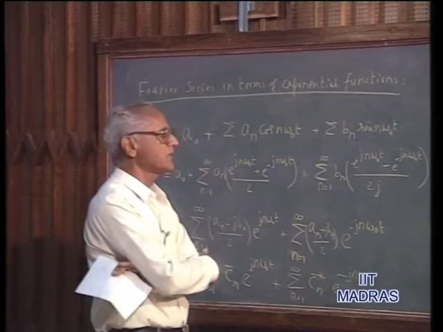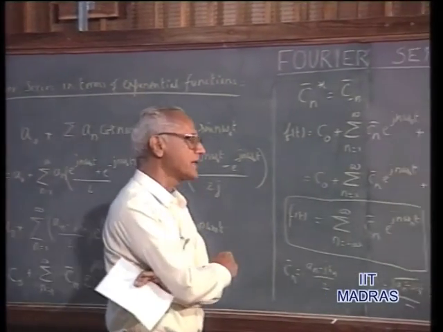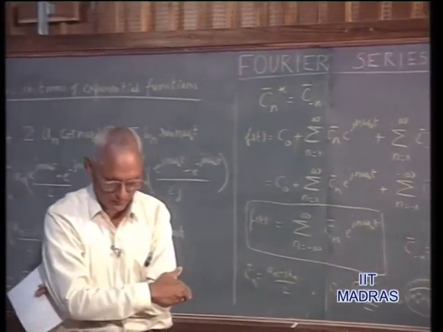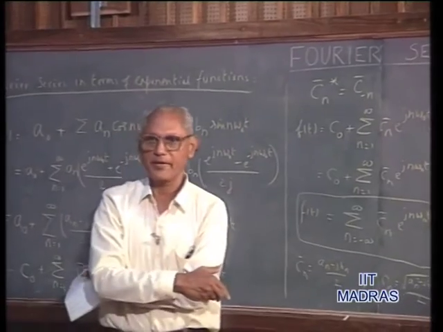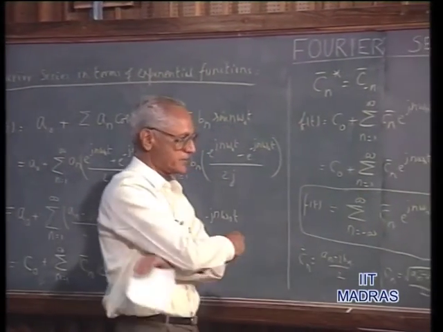First of all, we observe that we have only one single formula for evaluating the various Fourier coefficients. You don't have separate formulas for a0, an, and bn. And the notation is very compact.